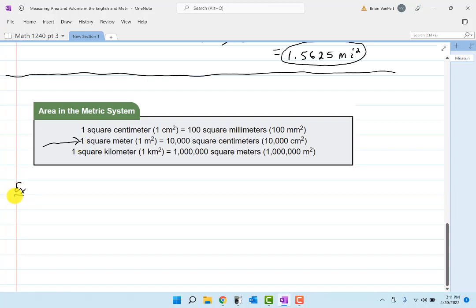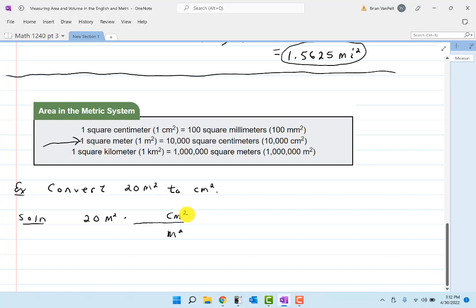Let's convert 20 square meters to centimeters. And so as usual, we'll start with 20 meters squared, and if we luck out, I'll be able to get a meter squared in the denominator, but a cm squared in the numerator.